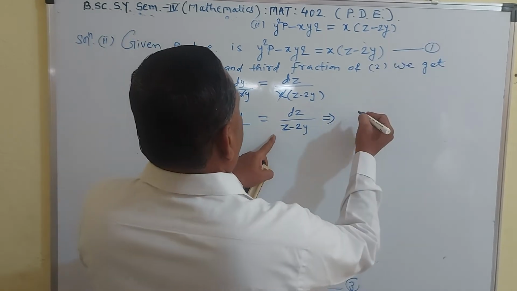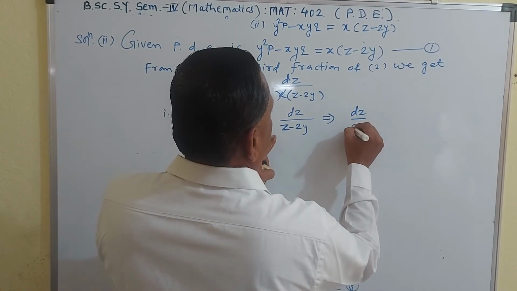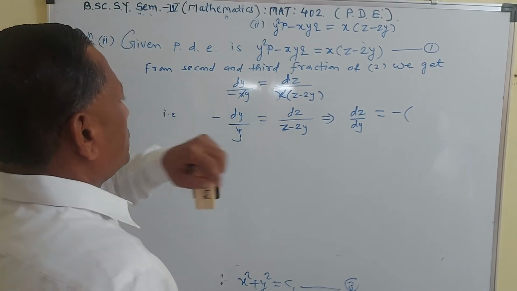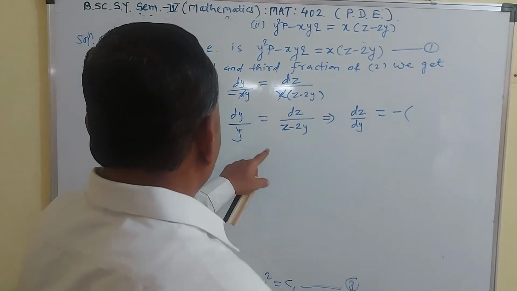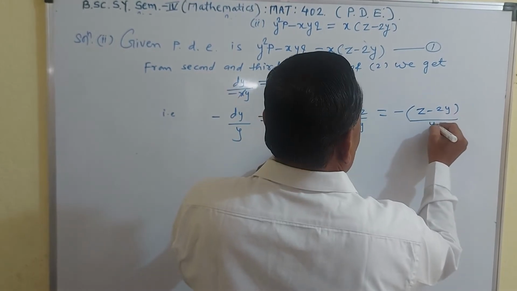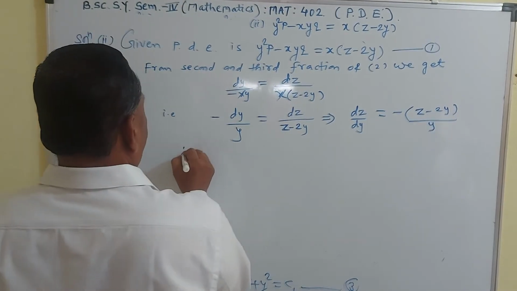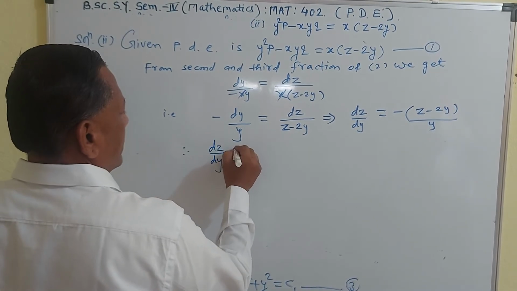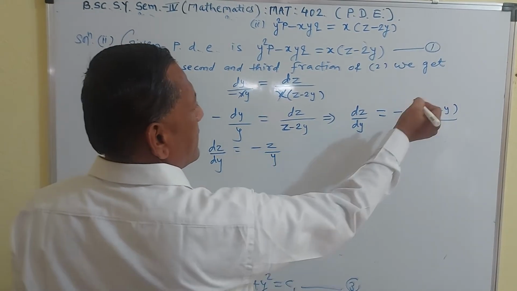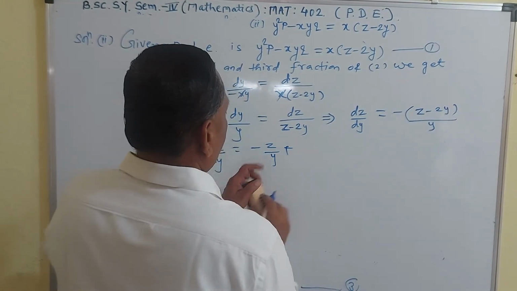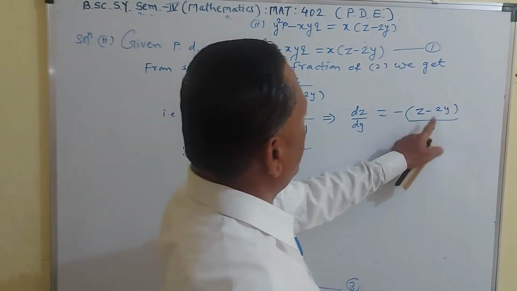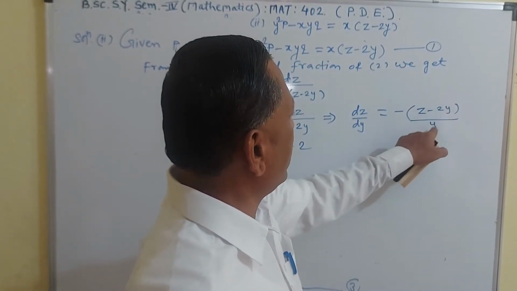By cross multiplication, dz/dy = −(z − 2y)/y. Therefore dz/dy = −z/y, and minus minus becomes plus, y cancels, plus 2.